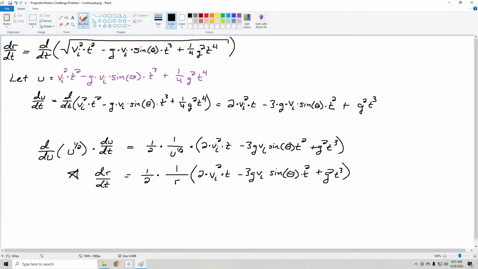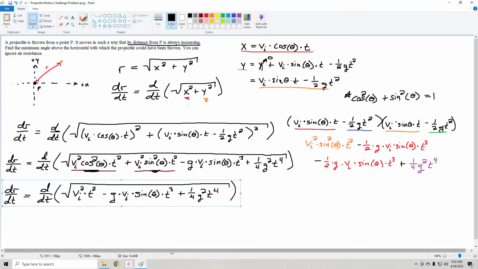This is actually what it is, but the question did not ask us to find the derivative of this expression. If we go back to the first page, it says that the distance from P is always increasing.